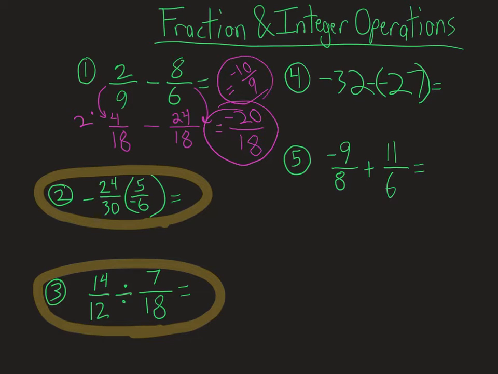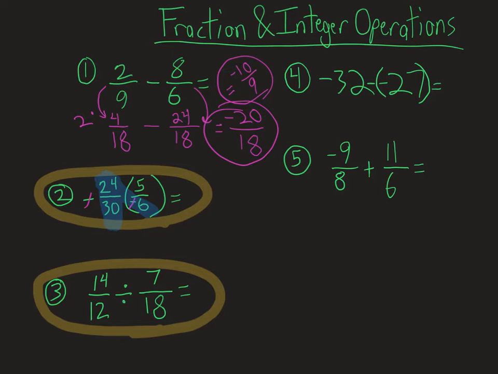All right, number 2. We could multiply straight across, but we want to notice that there's some cross-reducing. And I also see a pair of negatives. I'm going to cancel those now so I don't forget. 24 and 6, okay? You're allowed to reduce crossways like this, but also up and down like this. The 24 can reduce with the 30 or the 6. Both are valid. Same thing with the 5.